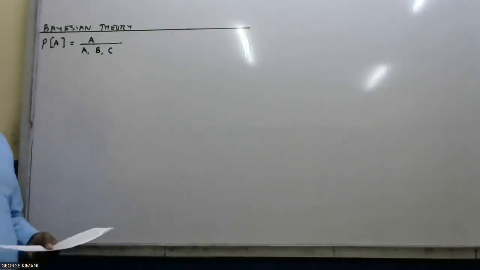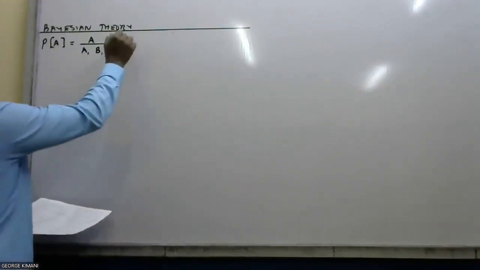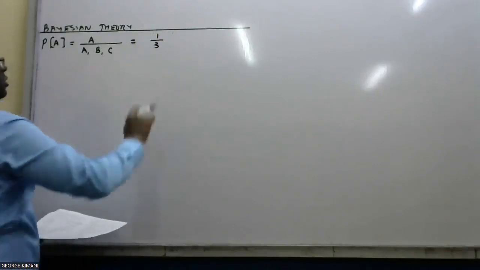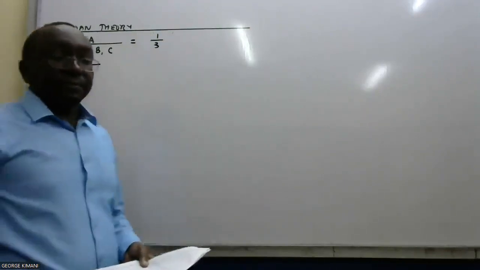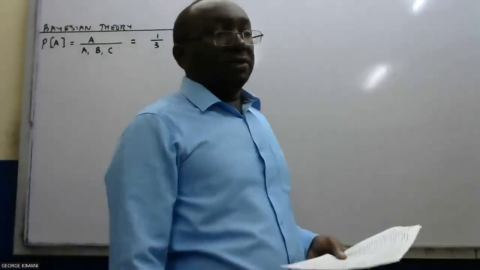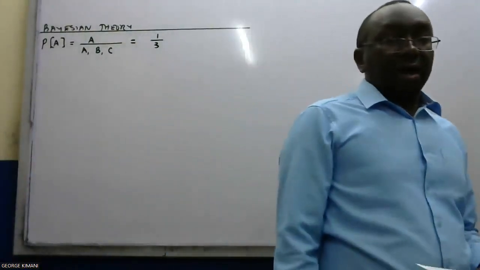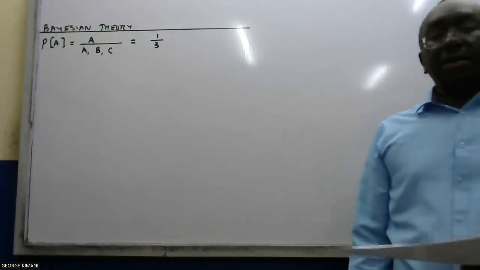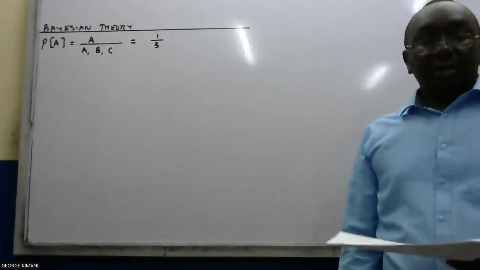So if you convert this now to numbers, this is 1 out of 3. That is the probability of selecting bag A out of the 3. And the same case would apply to bag B as well as bag C.